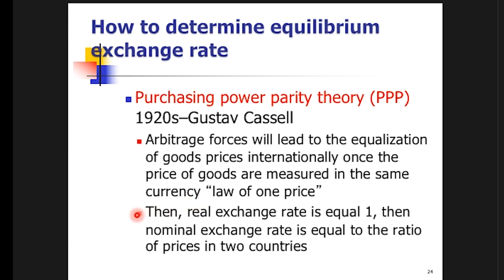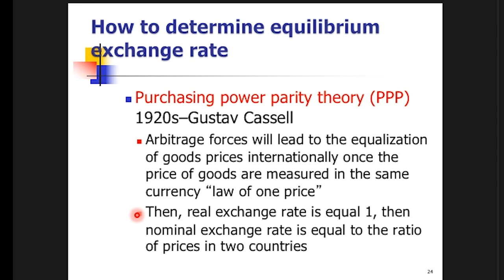So if the real exchange rate equals 1, it means that there is purchasing power parity between the two countries. So 1 unit of good in this country equals 1 unit of good in the other country.